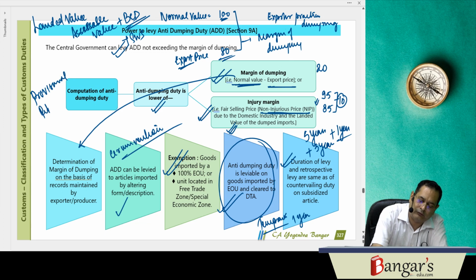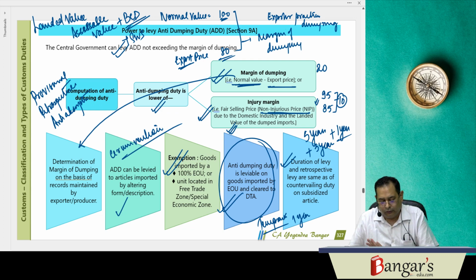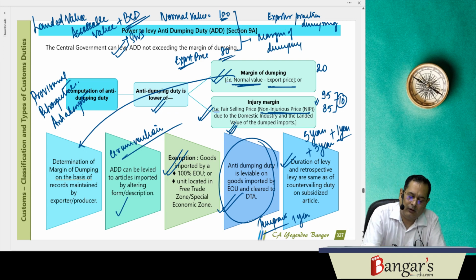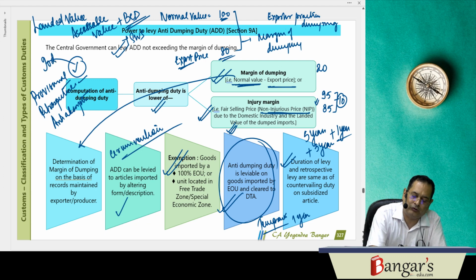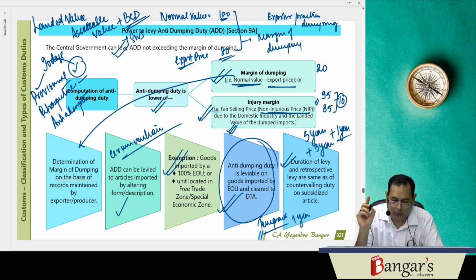Retrospective levy is also there. And anti-absorption measures are also there. They are similar to what we have discussed in section 9. Retrospective levy: whenever provisional duty is levied, the duty is also levied retrospectively, 90 days prior to the imposition of this duty.